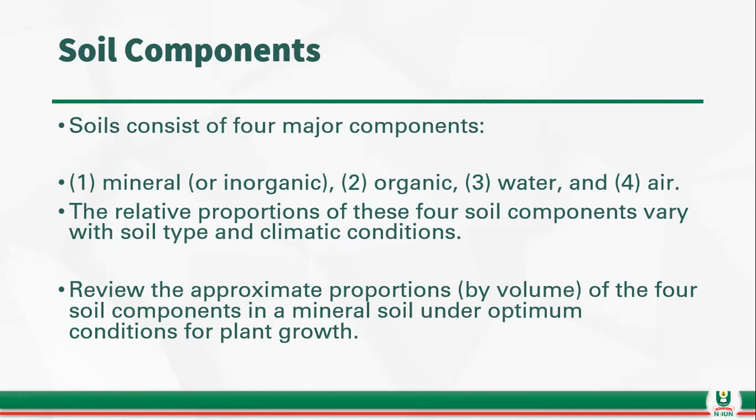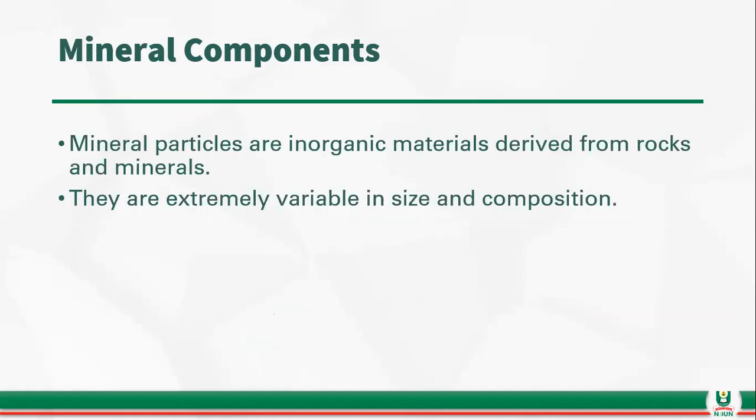Review the approximate proportions by volume of the four soil components in a mineral soil under optimum conditions for plant growth. Now, mineral particles are inorganic materials derived from rocks and minerals. They are extremely variable in size as well as in components.